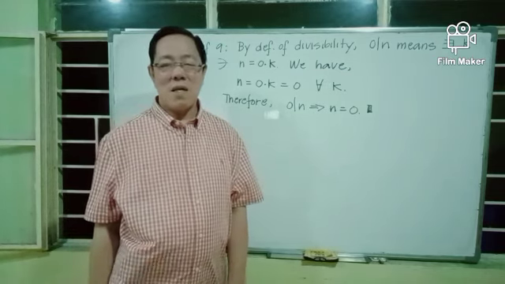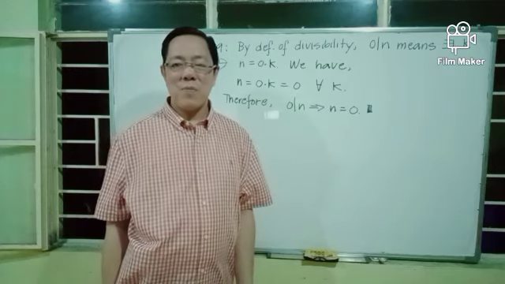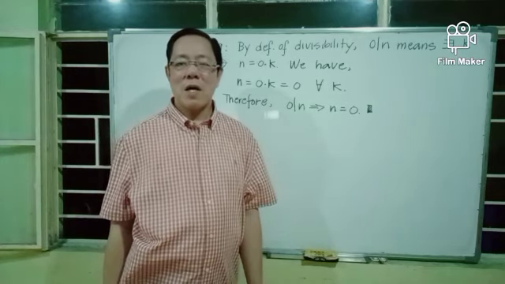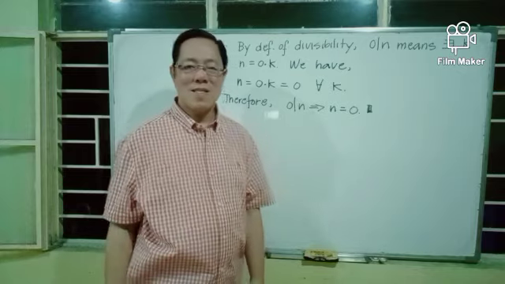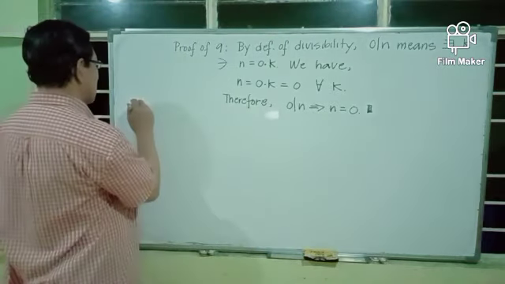Now we state the last property of divisibility, and it's called the comparison property.